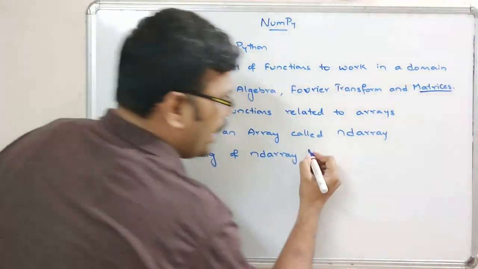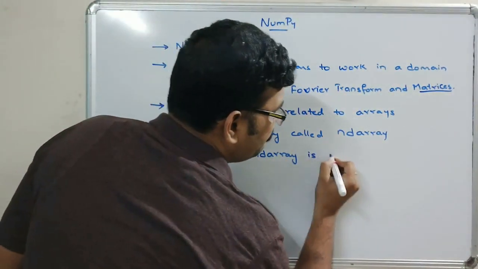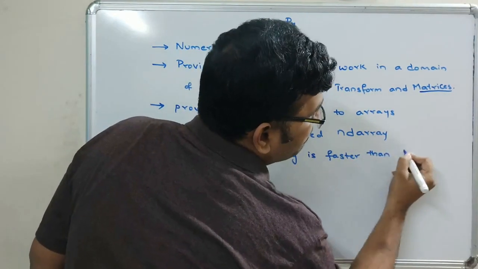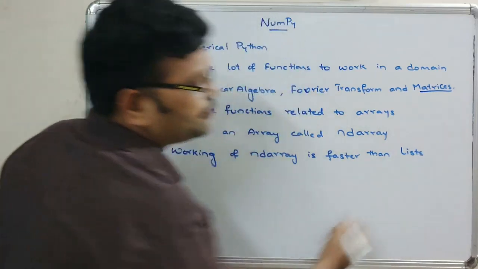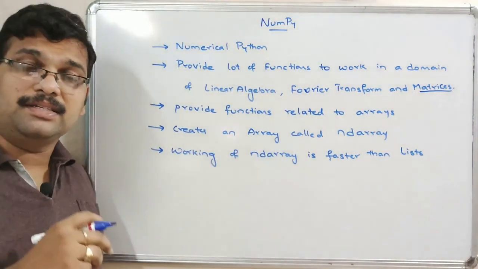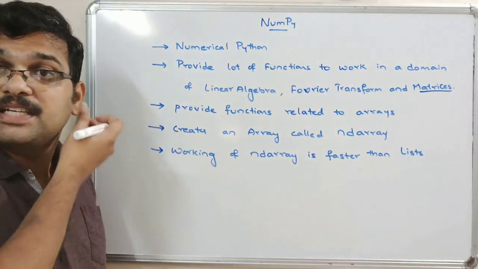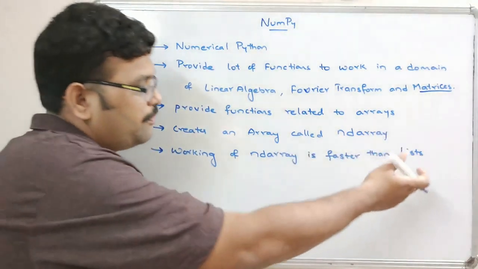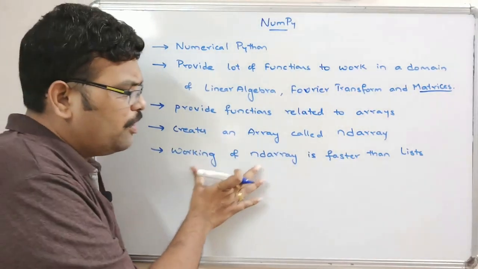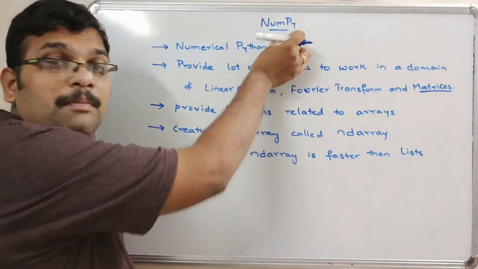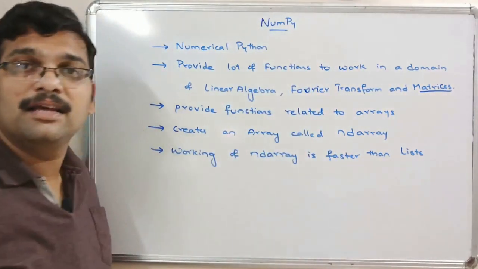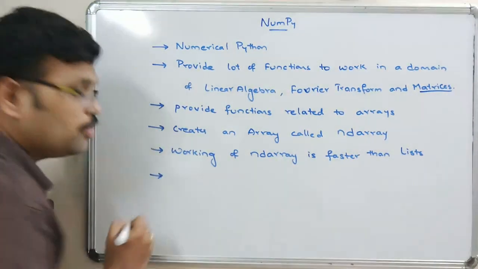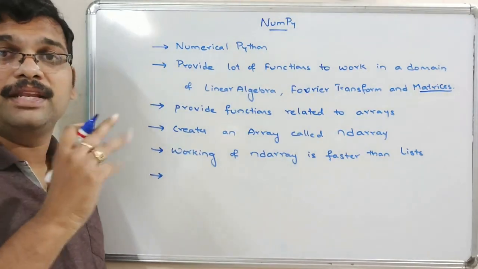The working of ND array is faster than list in Python. List can be used for representing the one-dimensional array, right? The working of this ND array, which is a part of NumPy, is faster than the list concept.